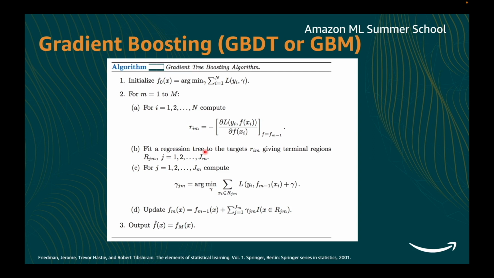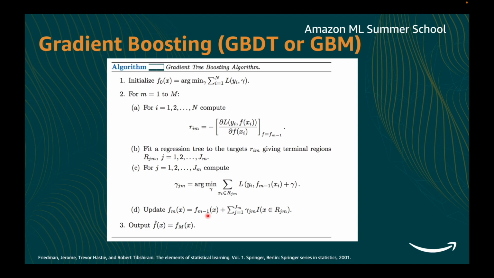You're trying to predict y minus f of x. You're trying to predict basically the error made by the model so far, right? That is what you're trying to predict. And then you, of course, add them together to get your final model.